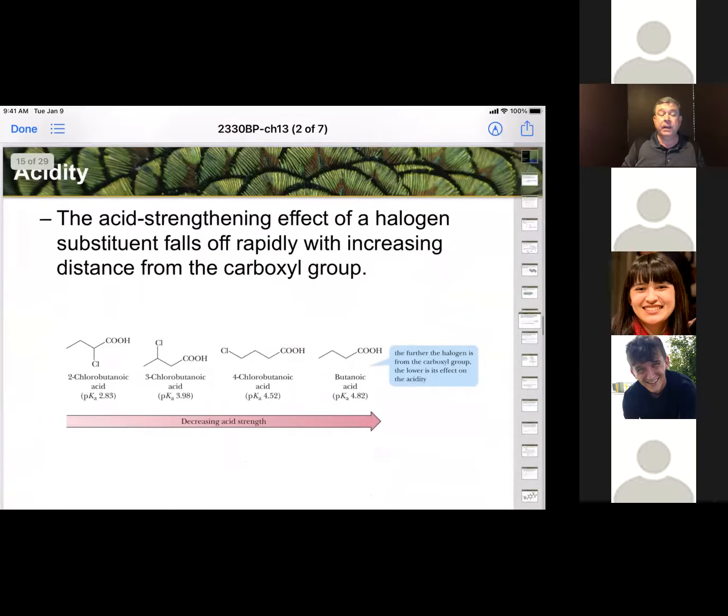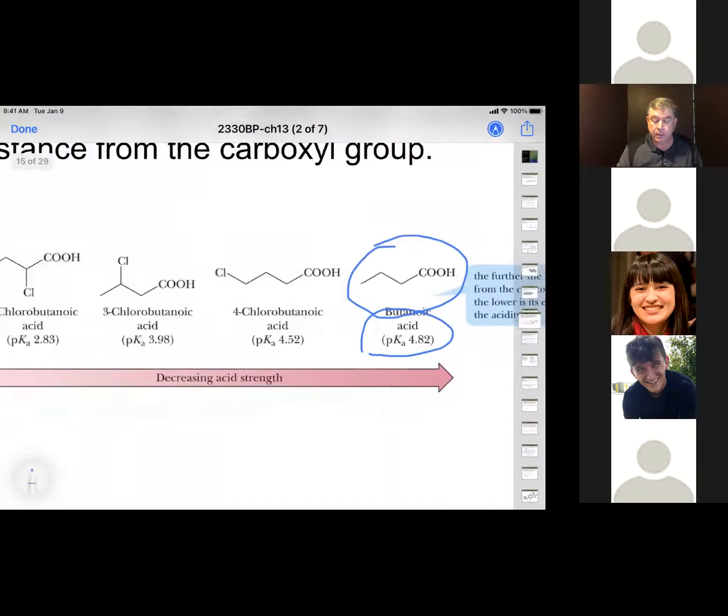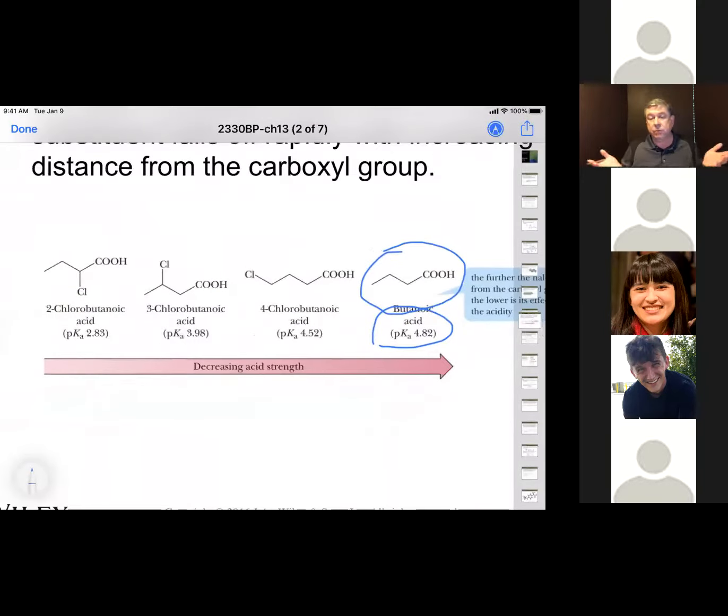This inductive effect falls off pretty quickly because the number of bonds you have to pull your electrons through increases the further and further you get away. Okay. So if we had our butanoic acid, sorry, it has a pKa around that of the acetic acid, 4.8.